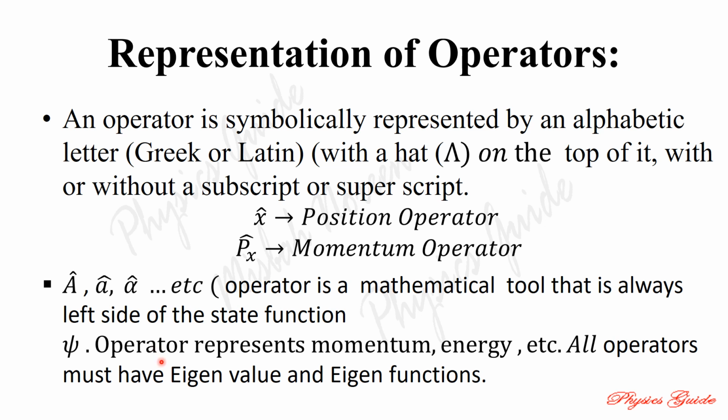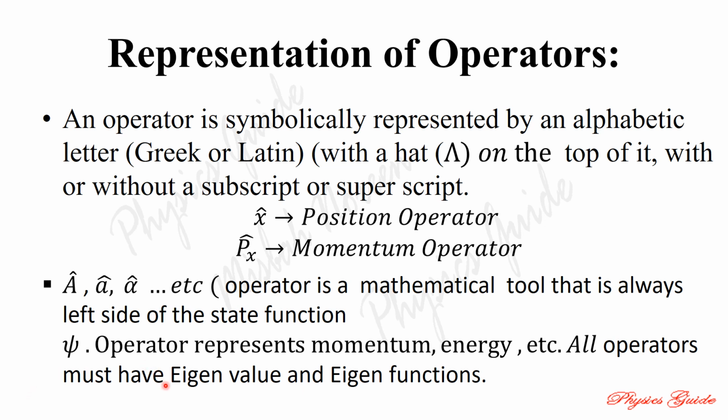So operators represent momentum, energy, position, and so on. All operators must have eigenvalues and eigenfunctions. What is an eigenvalue and eigenfunction? Students, we know in mathematics what eigenvalues and eigenfunctions are, and also in quantum mechanics, but in the next lecture we will discuss what an eigenvalue and eigenfunction is.